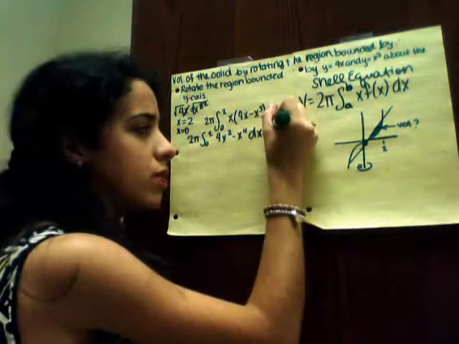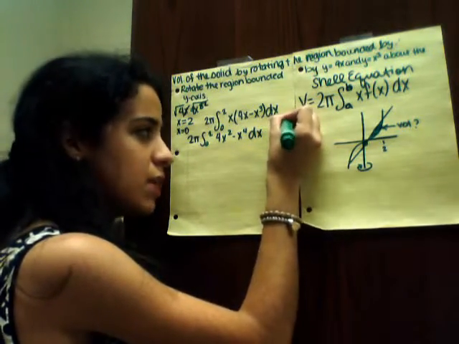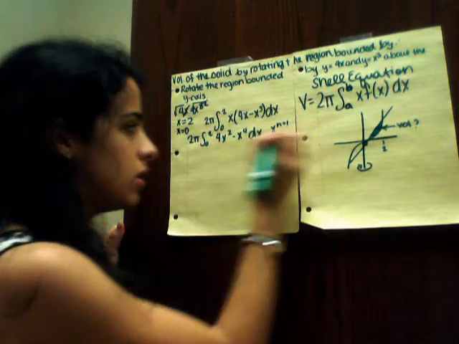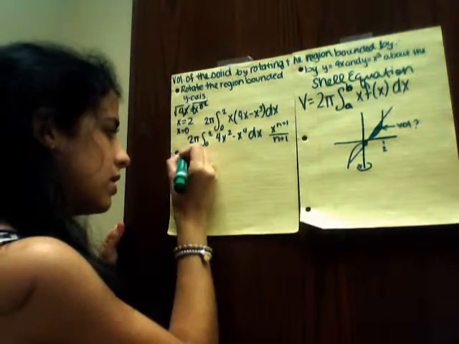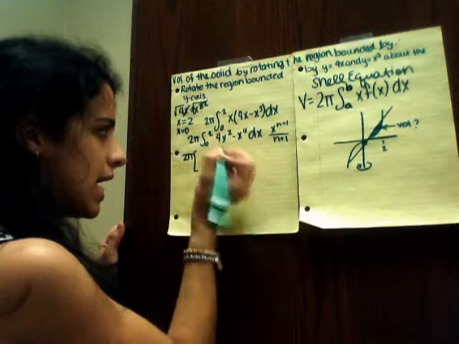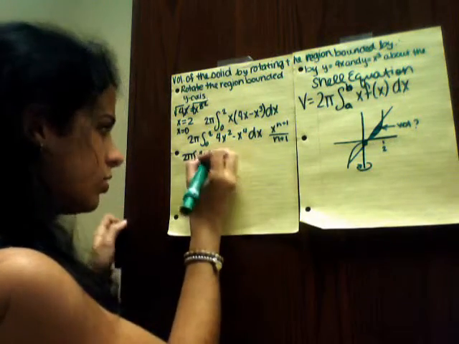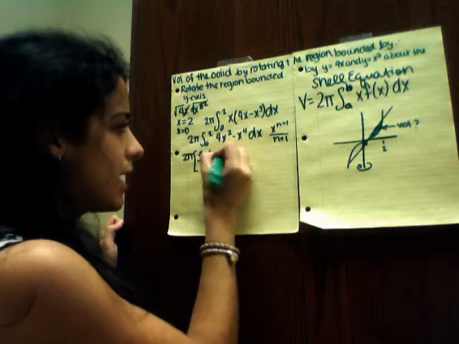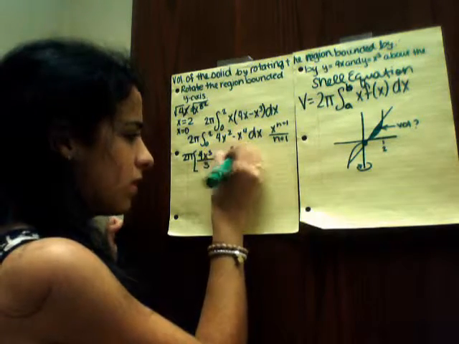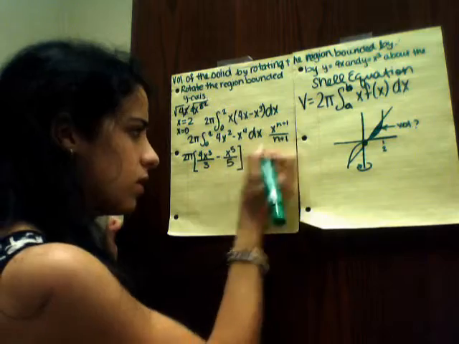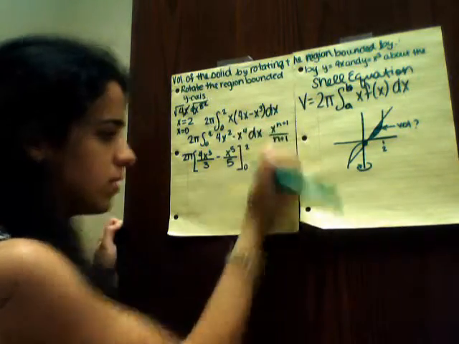By the power rule of integration, x to the n plus 1 over n plus 1, we can integrate this into 2 pi times (4x cubed over 3 minus x to the 5th over 5). Then we substitute the values 0 and 2.